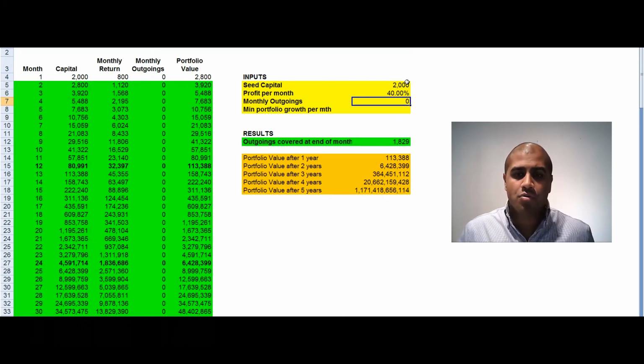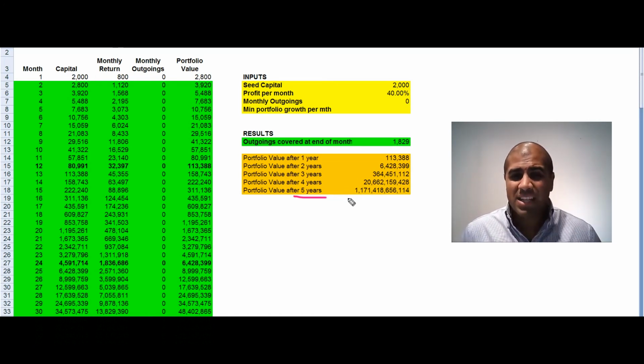So starting off with £2,000 in your trading account and achieving a profit of 40% per month, if you compounded that, then within the next 5 years, you're actually going to be just shy of £2 trillion. You heard me correct. In just 5 years' time, you're going to be close to £2 trillion.